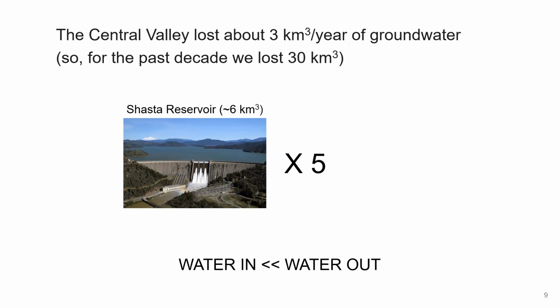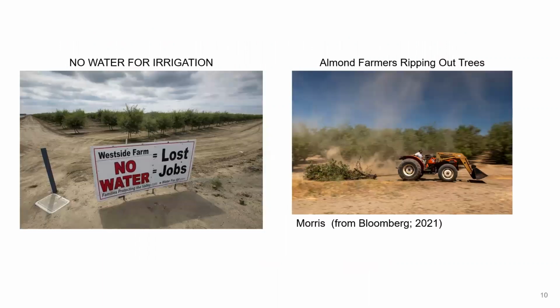And the problem here is somewhat simple: water in is much smaller than water out. Water out is due to the pumping of the groundwater, and water in, you can think of that as recharge, natural recharge or artificial recharge. So the problem is simple, but solving it is not so simple, I guess.